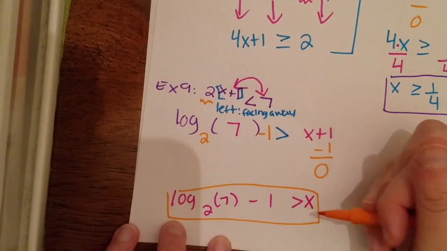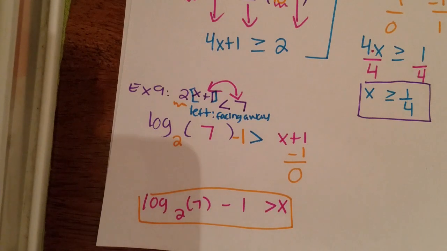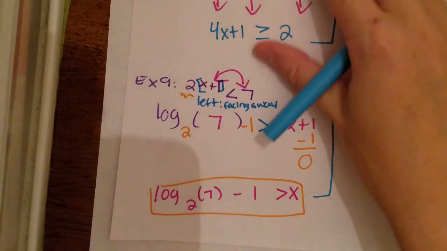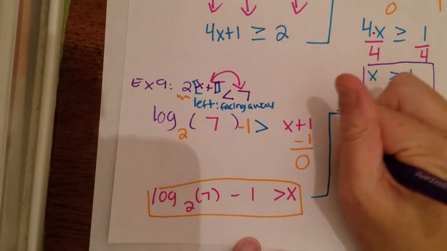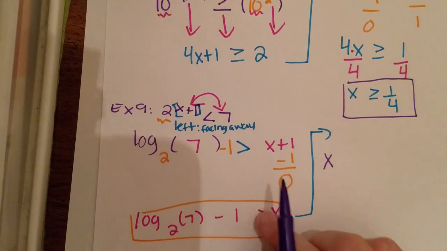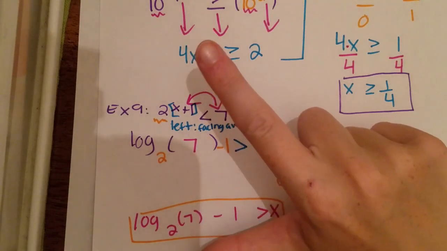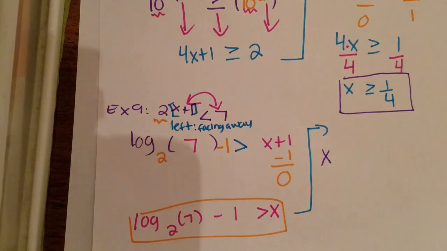But the x irks me when it's not on the left-hand side, so I'm going to show you how I would write it. You don't have to write it this way, but this is how I would write it. So I'd write my x first. Now, my inequality still must be facing the same way it was facing here. Since my inequality is facing away from my x, it still has to face away on this side.